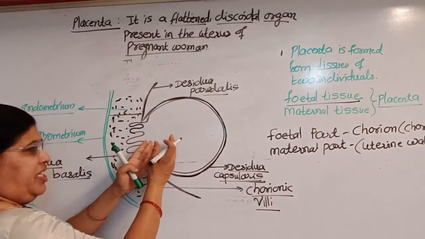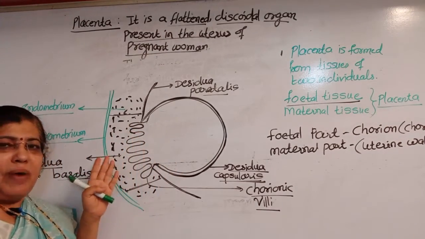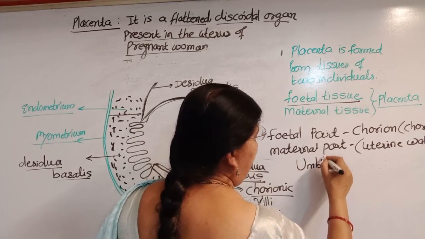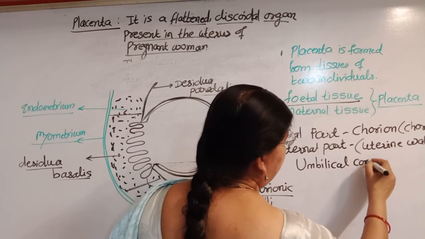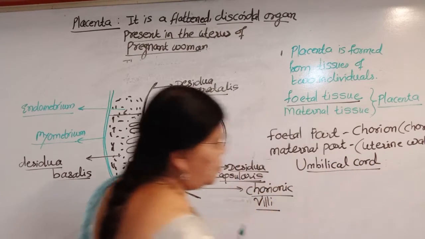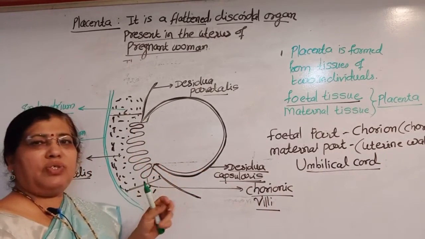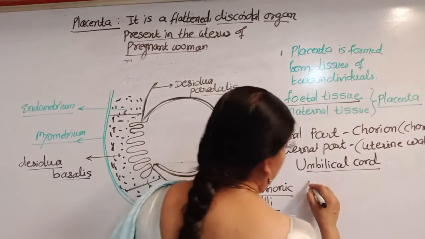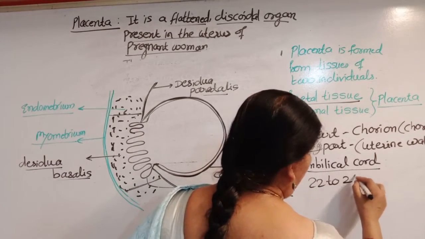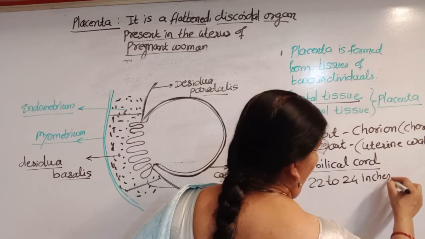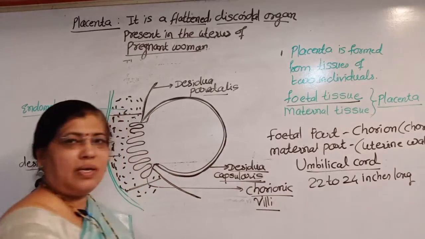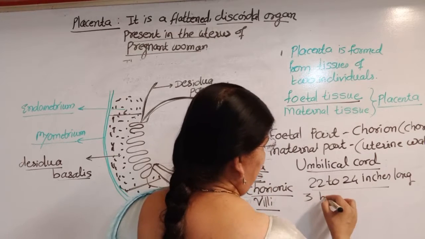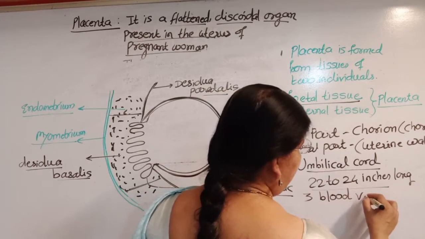So this fetus is connected to placenta by means of umbilical cord, a cord-like structure which is 20 to 24 inches long, and it consists of 3 blood vessels.